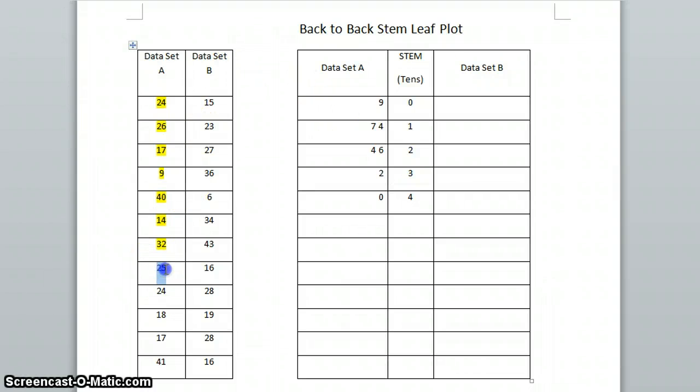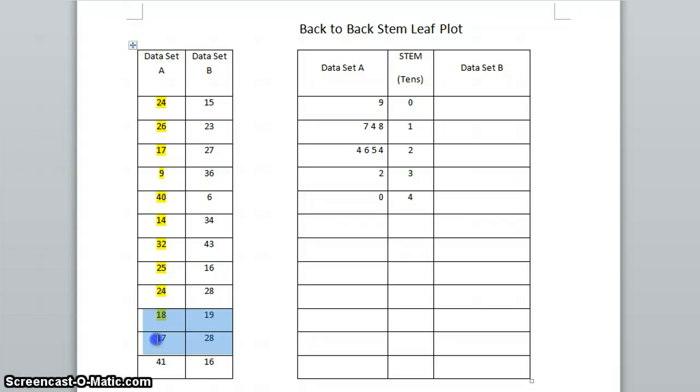Next is 25. So that's 2 tens and 5 units, or 5 ones. Next one is 24. So it's in the same column, the 20s column, the 2 tens column, and 4 ones. Next one is 18. That's in the 1 tens, with 8 ones.